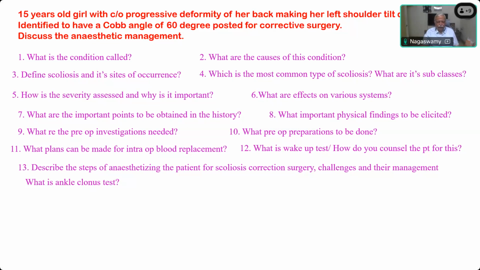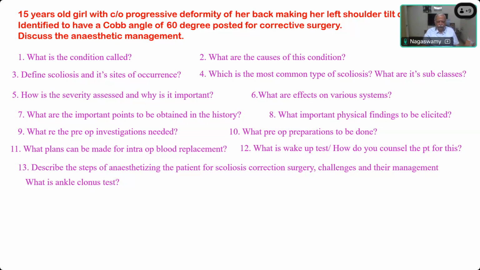They are not going to do the neuromonitoring in the first dose. They will take at least 2 to 3 hours to come to the stage of neuromonitoring, isn't it? By that time your atracurium effect will be gone because it's only an intermediate acting drug. So for intubation, I can safely use atracurium. That should be your answer.